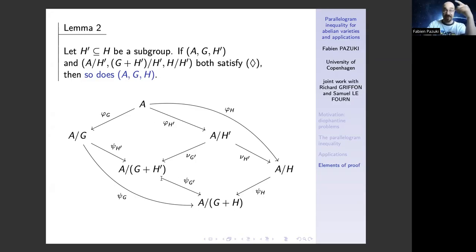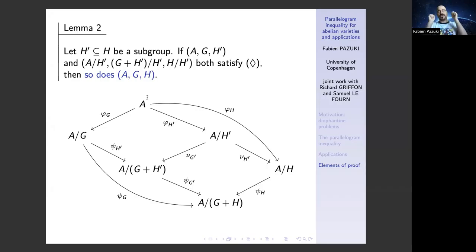This is the new finite group, and then you understand what's happening. So we have this new parallelogram. If both small parallelograms are satisfied, then in fact, so does the big one. So you're interested in this big isogeny here, the composition of the two, and here G.